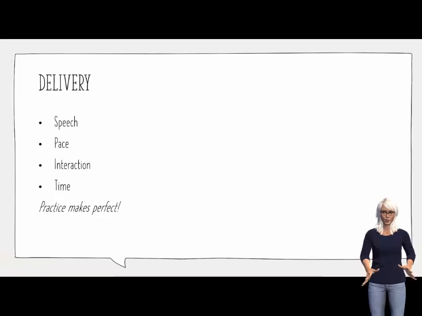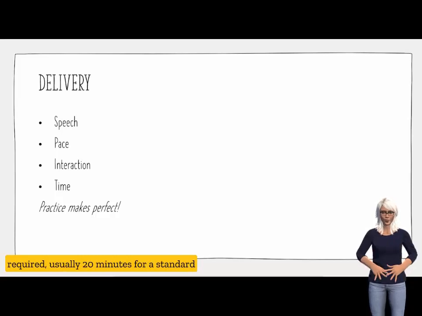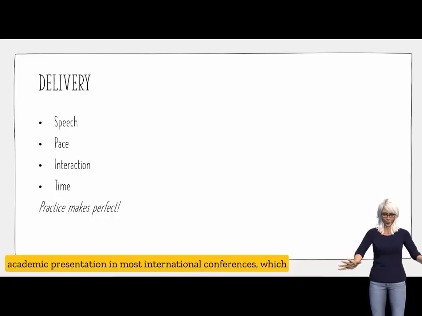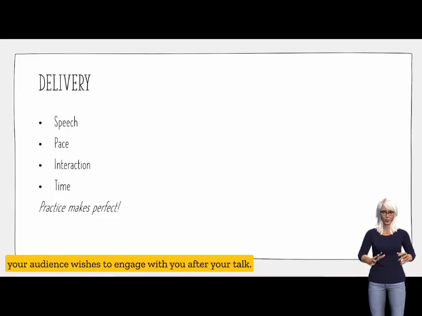So, time. We need to keep time as required, usually 20 minutes for a standard academic presentation in most international conferences, which are followed by 10 minutes of questions. You don't want to take up too much time as your audience wishes to engage with you after your talk.